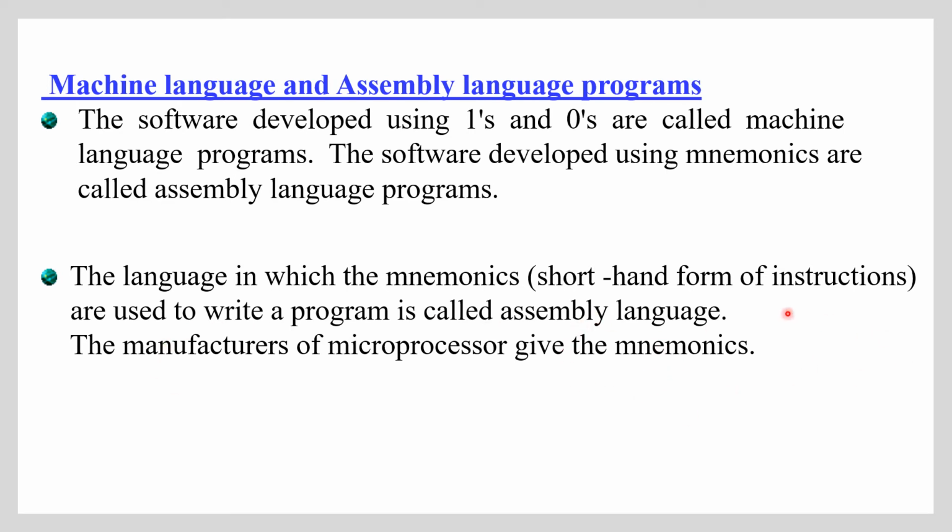The manufacturer has given a set of short forms of instructions, and it has given what the instruction does. In shortcut it is given, and the respective code is stored in the microprocessor. So when we write the mnemonics, the microprocessor understands which instruction is to be executed.